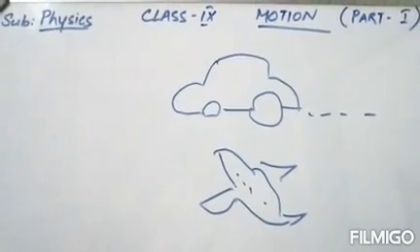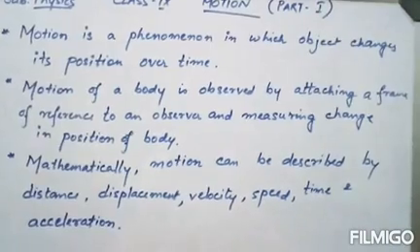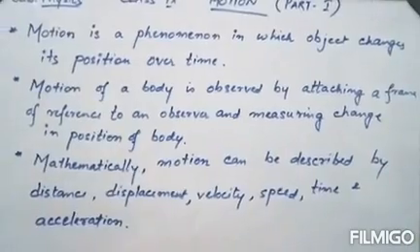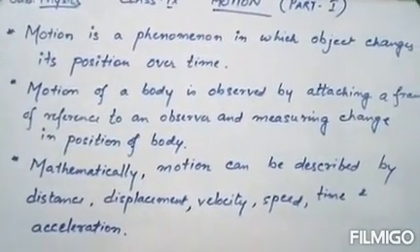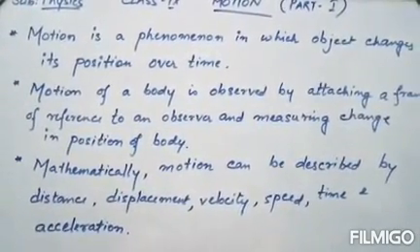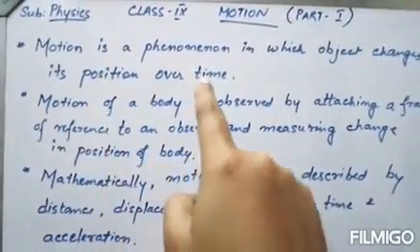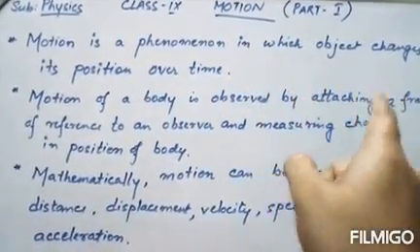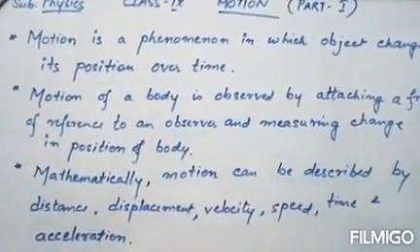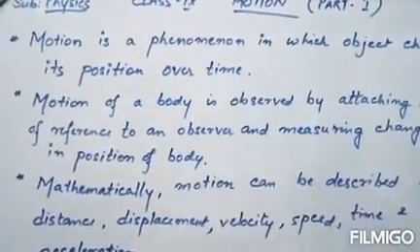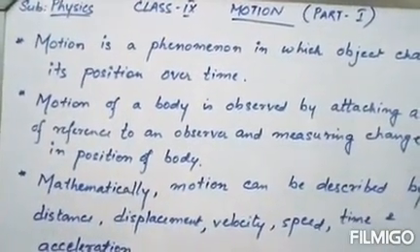So let's proceed. To describe motion, we have to know something: motion is a phenomenon in which an object changes its position over time. Now see, what does the word phenomenon mean? Phenomenon means change.